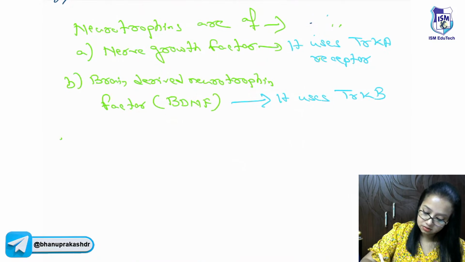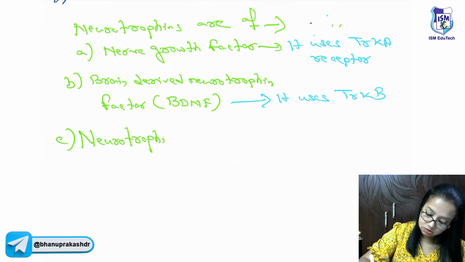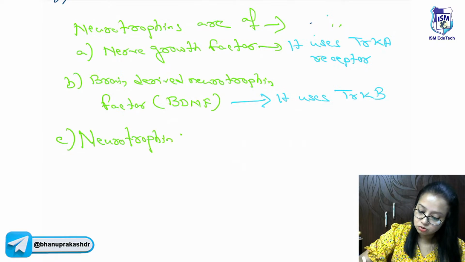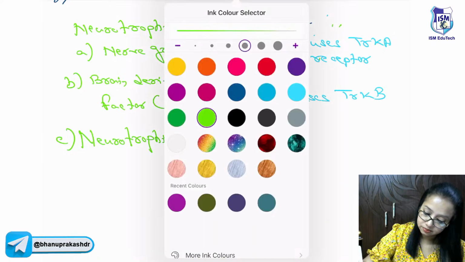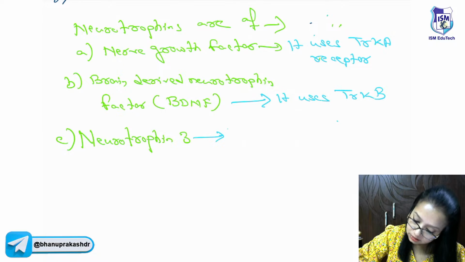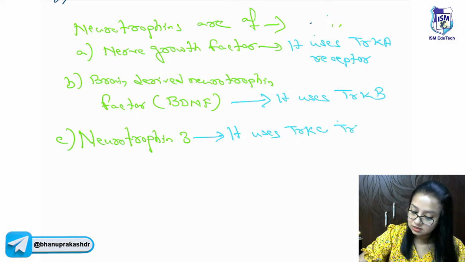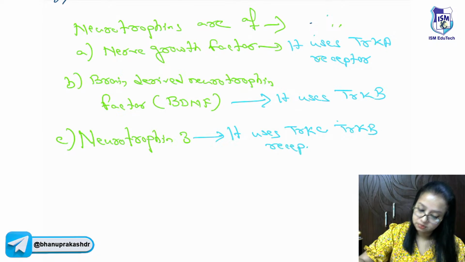Other important type is neurotrophin 3. It uses tyrosine kinase C and tyrosine kinase B receptor.